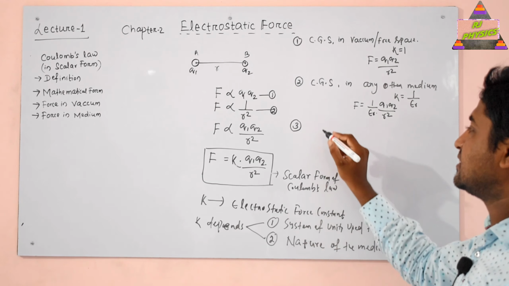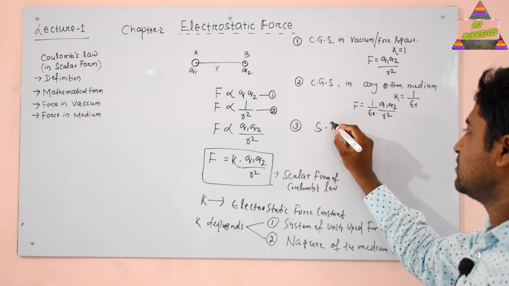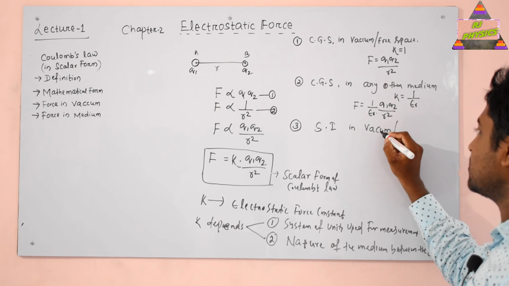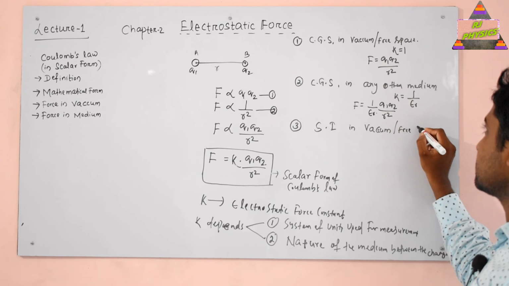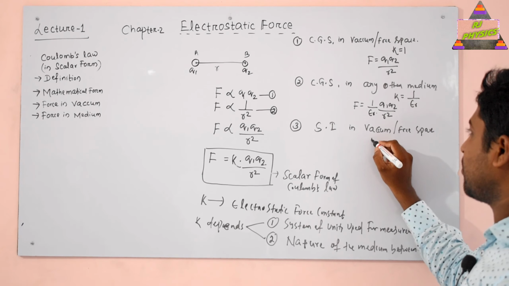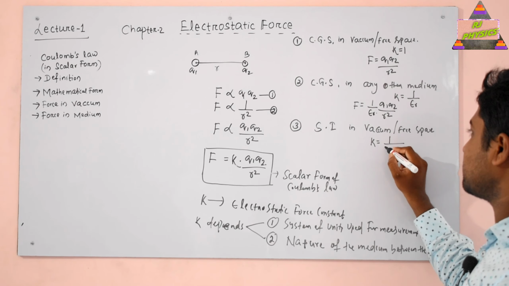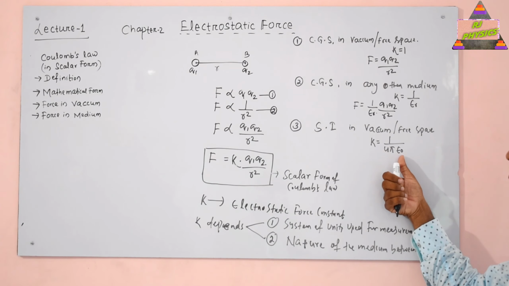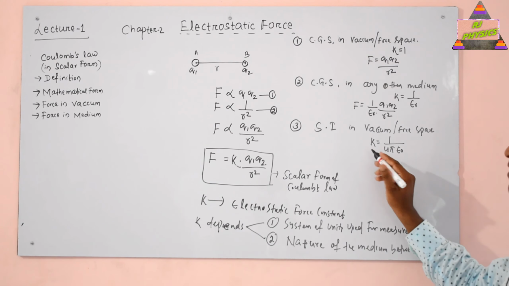Now if the system is SI and the charges are placed in vacuum or free space, then the value of K is equal to 1 by 4 pi epsilon naught. Here epsilon naught is called the permittivity of free space. So F is equal to 1 by 4 pi epsilon naught into Q1 into Q2 divided by R square.